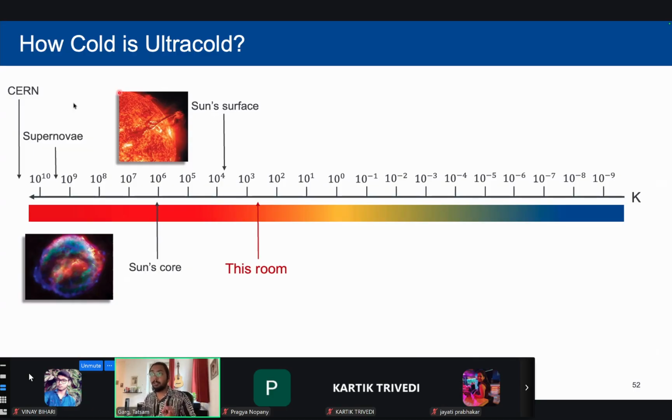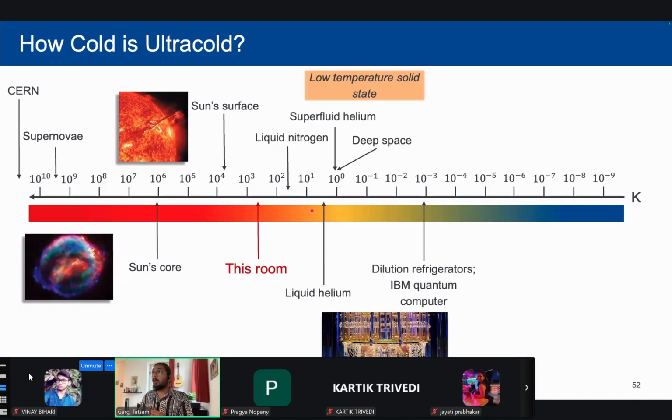They're incredibly energetic. Now, somewhere on the other end of the spectrum is where all of your low temperature solid state physics happens. This is where liquid nitrogen temperatures are, and superfluid helium at 2 Kelvin. Outer space is at this temperature, too.